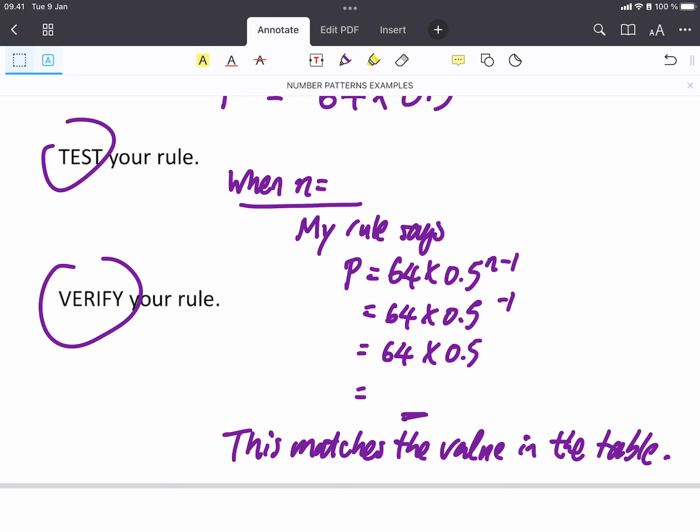Okay, when n equals 6, my rule says p equals 64 times 0.5 to the power of 6 minus 1, which is 64 times 0.5 to the power of 5, which is 32, 16, 8, 4, 2.